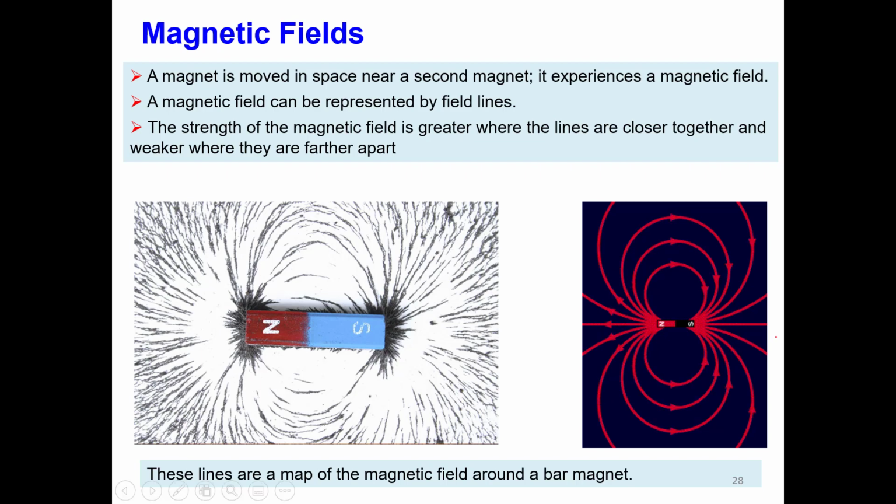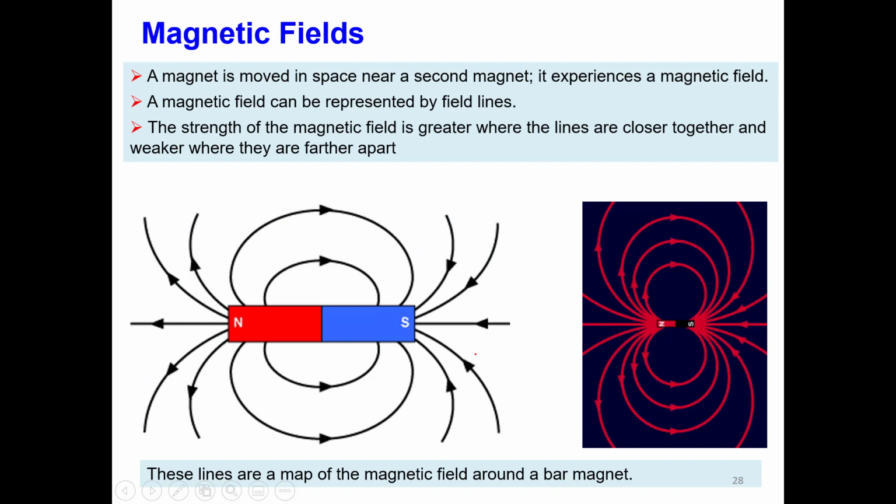Here they start in the north pole and end in the south pole. This is how we can map the magnetic field around a magnetic bar. The lines start in the North Pole and end in the South Pole.